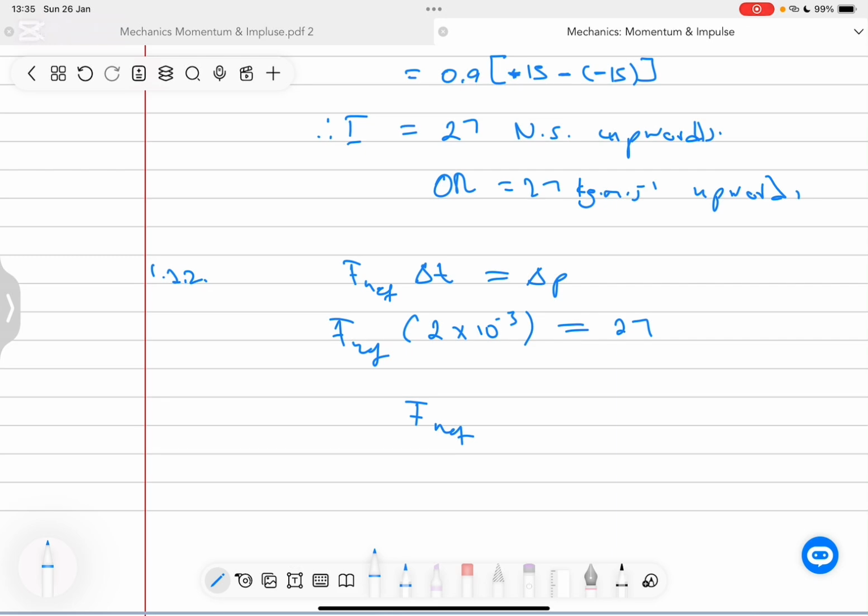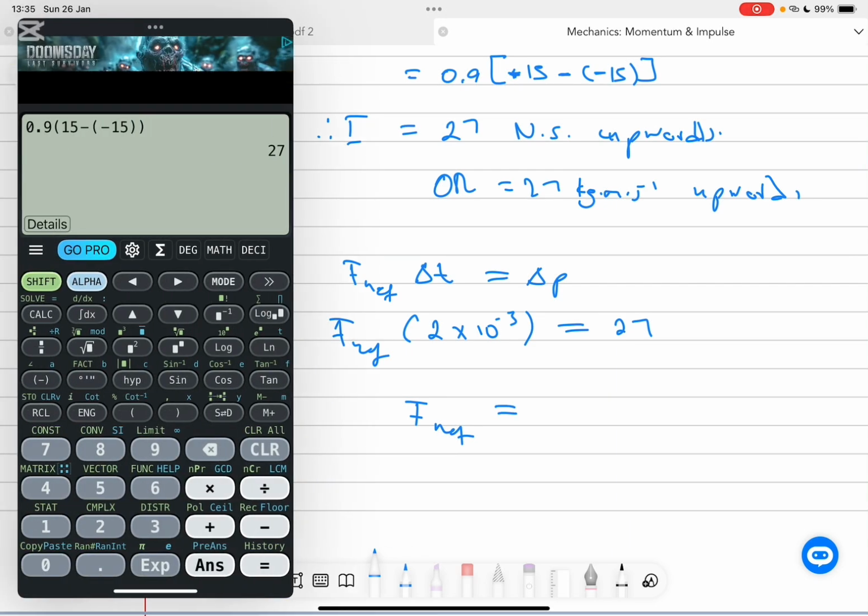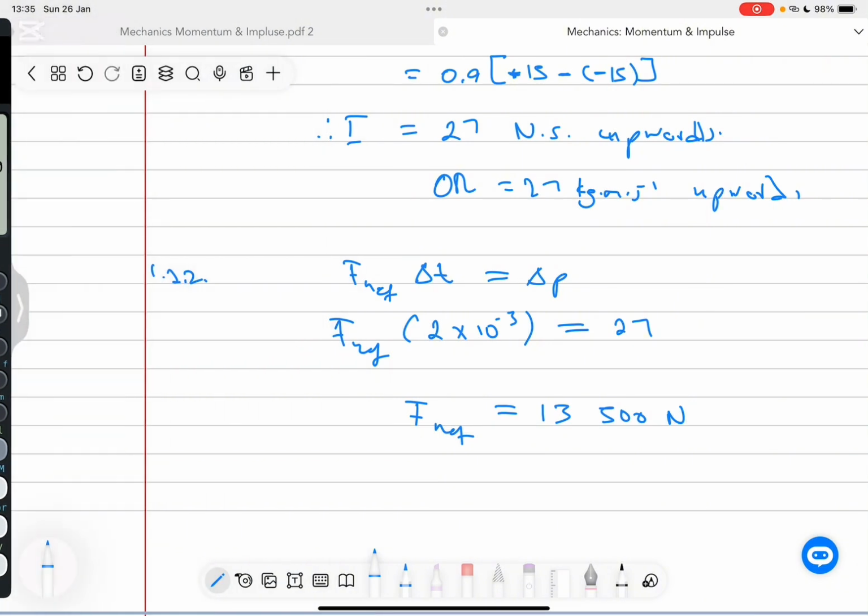So here I have the net force is equal to 27 divided by 2 times 10 to the power negative 3, and this would give me a force of 13,500 newtons. And again, this force is actually positive. That means it's going upwards.